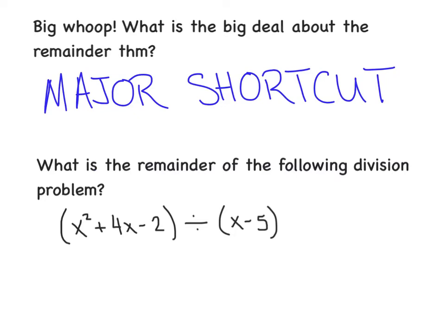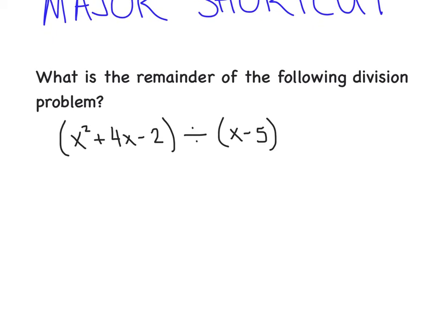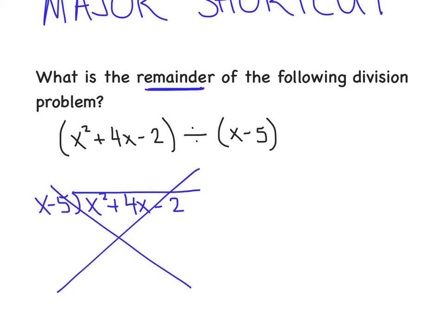Or check out this example here. They're asking what's the remainder when I perform the following long division. I'm not going to actually do the long division. Here's the setup for it. But I'm saying that we could skip all that work tonight. All you have to do is evaluate f of 5, and that would be the same thing.